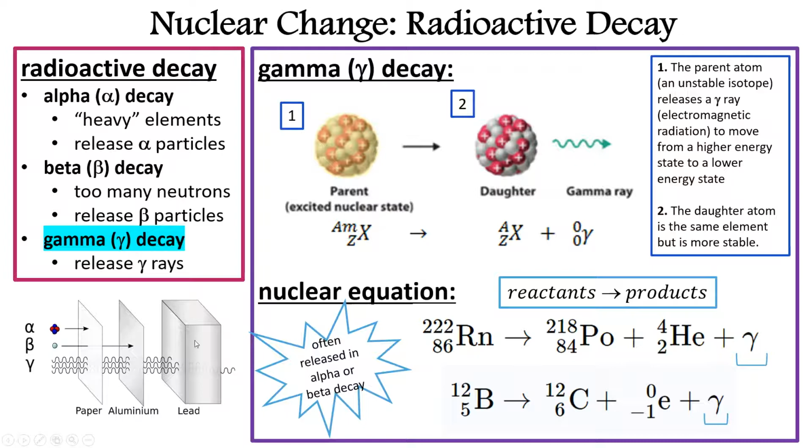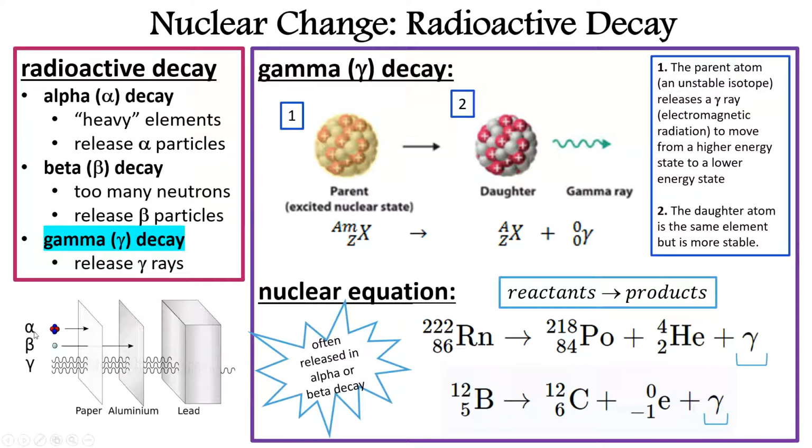So we want to look at this little picture real quick to compare the different types of radiation that are being emitted from the different types of decay. Alpha decay releases an alpha particle, beta decay releases a beta particle, and gamma decay releases gamma rays. You can see this is not a particle, it's represented as waves because it's energy.